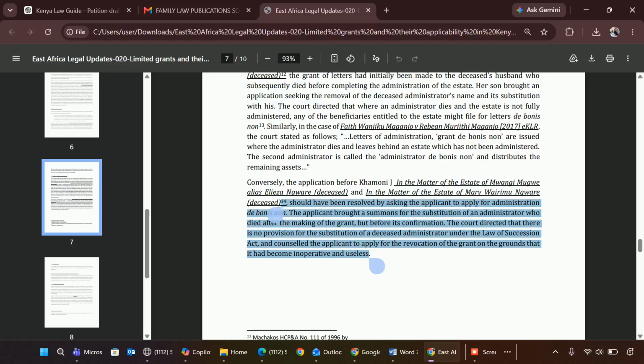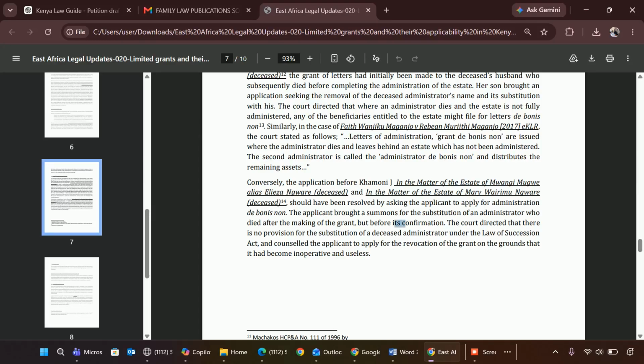This part is to be read with caution. If the facts of the examination tell you that an administrator has died before the confirmation of the grant, you apply for the revocation of the grant on the ground that the issued grant has become inoperative and useless.